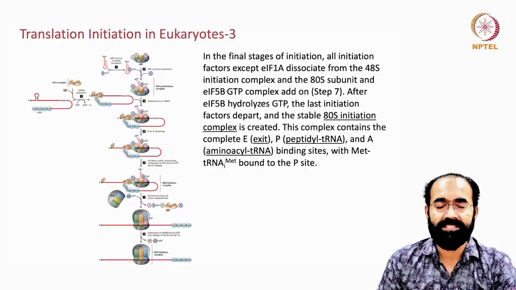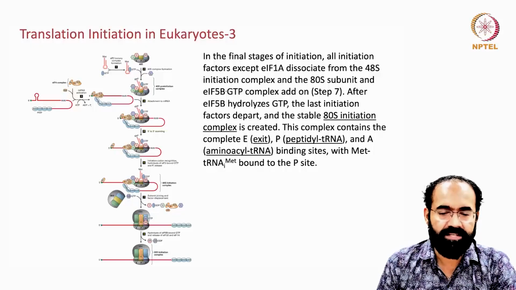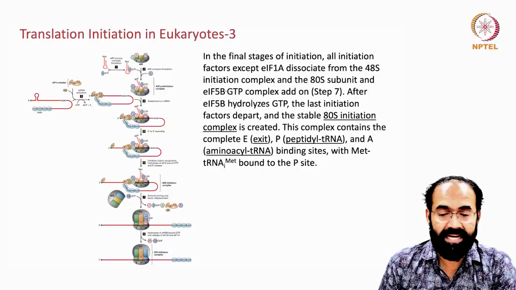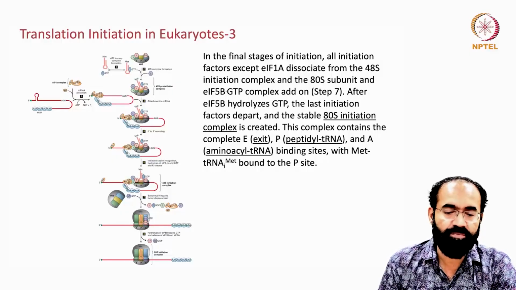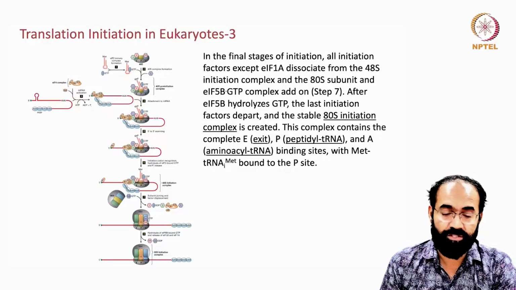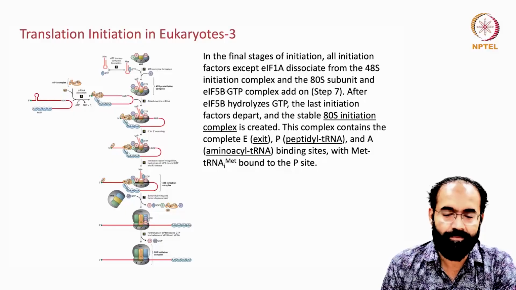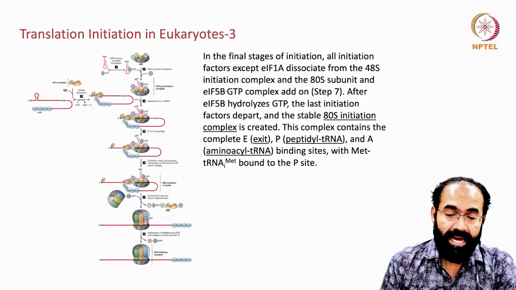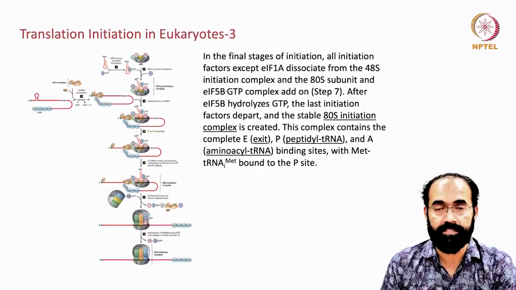So once it is completed, what happens in the final stage of initiation? All initiation factors except eIF1A dissociate from the 48S initiation complex, and the 60S subunit and the eIF5B-GTP complex add, as you can see here in step number 7, after the eIF5B hydrolysis of GTP. And the last initiation factors depart and the stable 80S initiation complex is created.